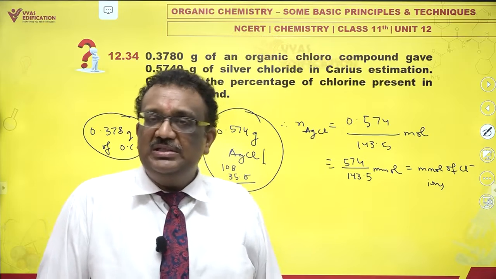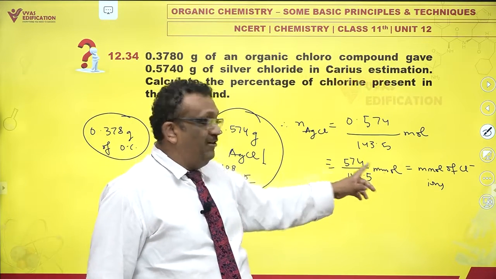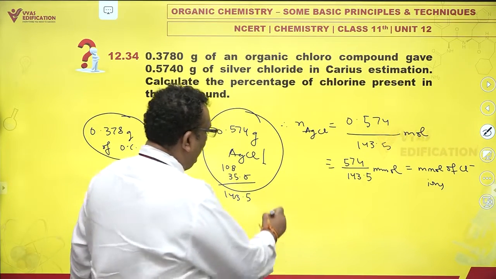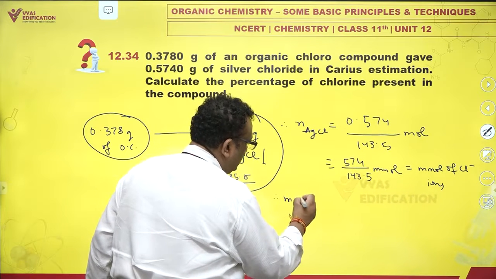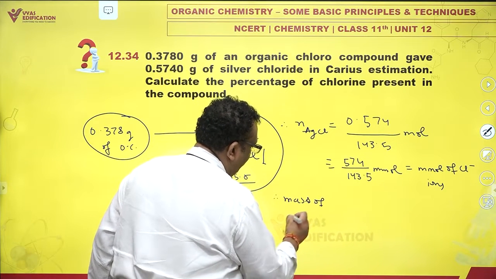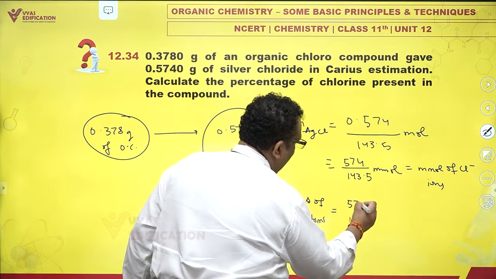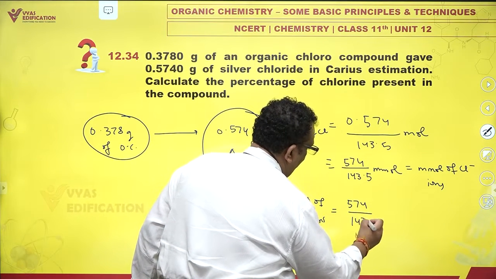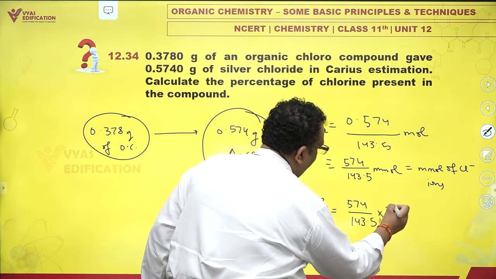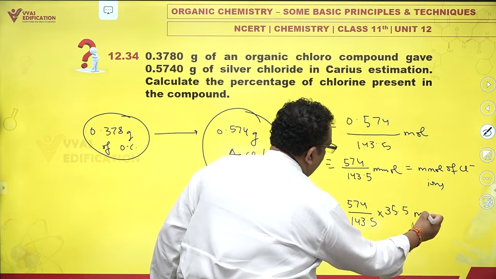Electrons are practically massless. So we have mass of chlorine. Therefore, mass of Cl atoms is 574 upon 143.5 into 35.5 milligrams.